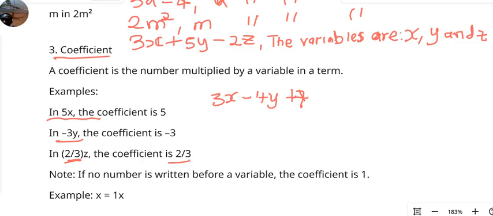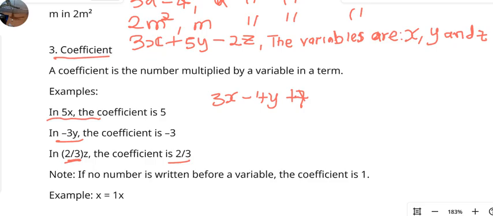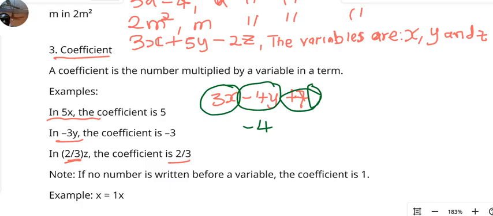If they say find the coefficient of y, first identify y. I can see y is there. Look at it. There are terms here. This is a term. This is another term. And this is another term. So what number is attached to y? I can see minus 4 there. So the coefficient of y is minus 4.